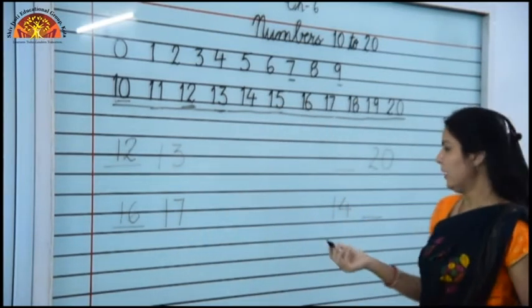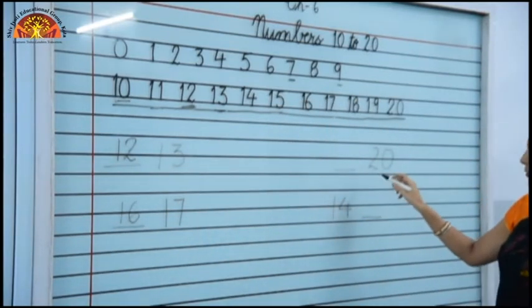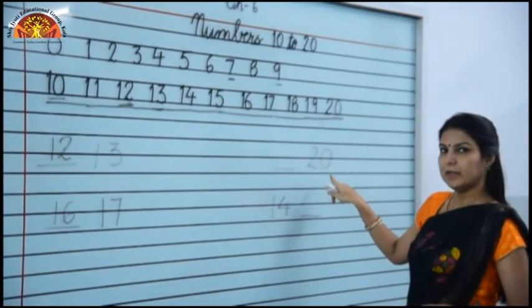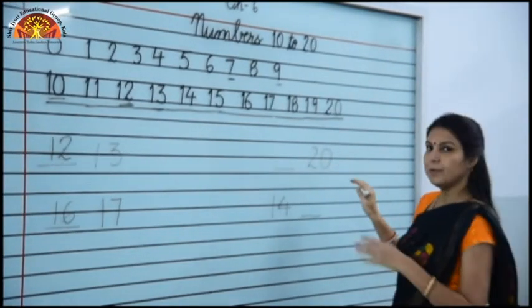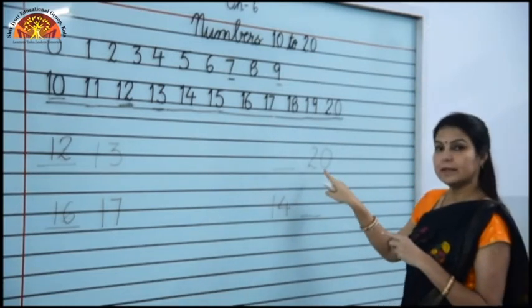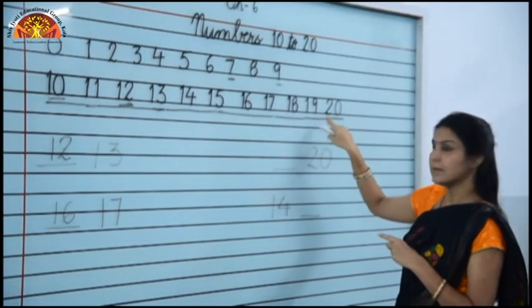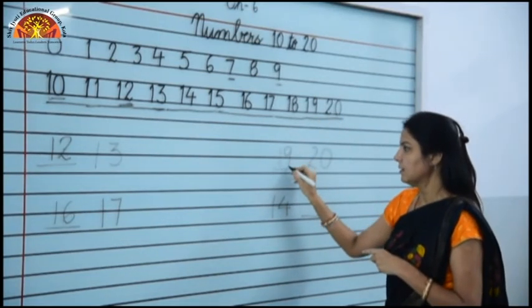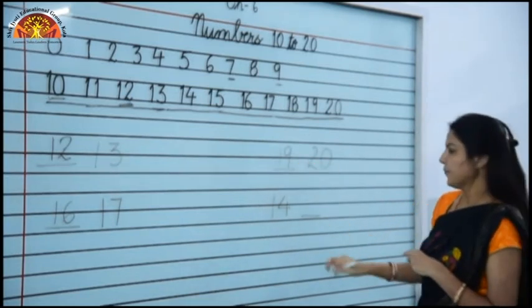I hope you have understood. Now let's see one more. Again we have to write before number of 20. So we will check the number which is written at the left side. Which number is written at the left side of 20? This is 19. So we will write 19 in front of 20.